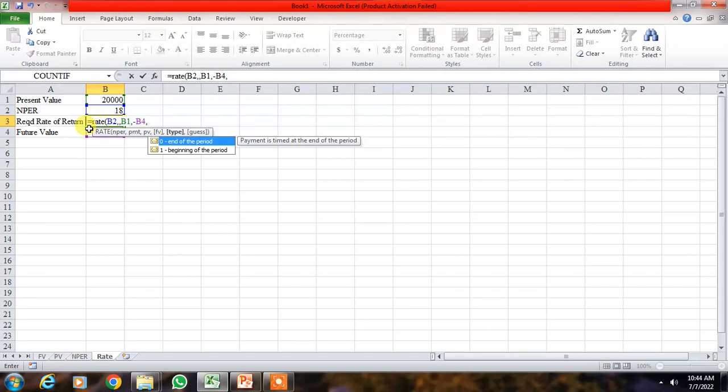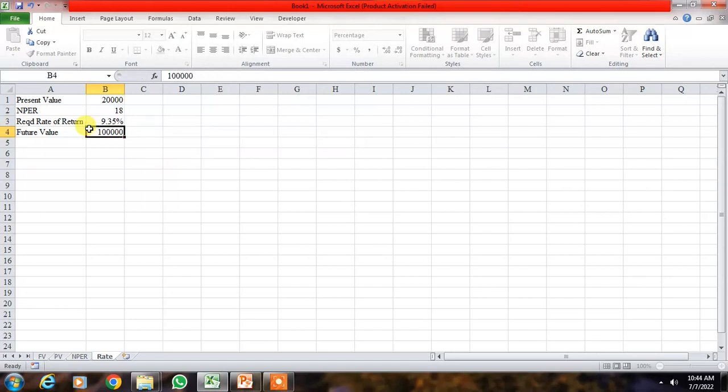I am planning to invest at the end of the year, and now if I enter, the required rate of return is 9.35%. It shows that you are supposed to demand 9.35% if you are investing 20,000 today and you want to reach 100,000 after 18 years.